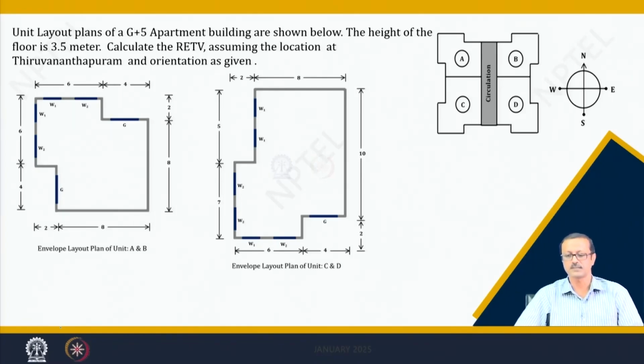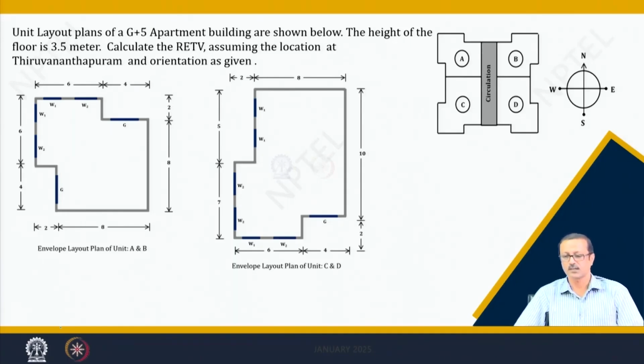So, units A, B, C, D are placed in a particular floor in an apartment building, and centrally there is a circulation area. Again, the exposed wall in the circulation area also is not going to participate in the RETV calculation. So, the envelope area which is exposed to outside, those areas of A, B, C and D are going to have their role to play.